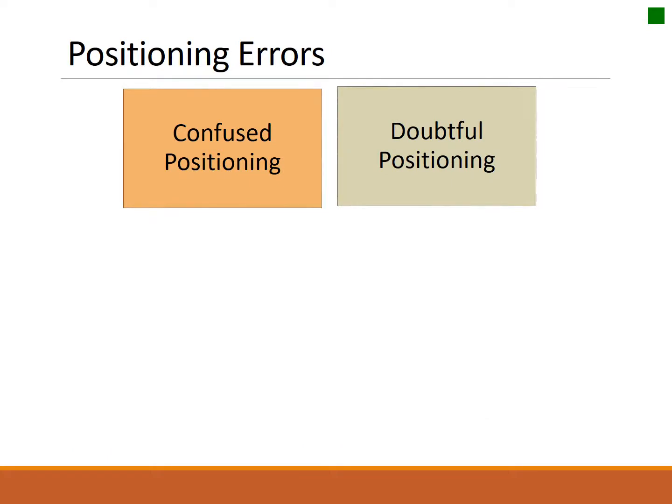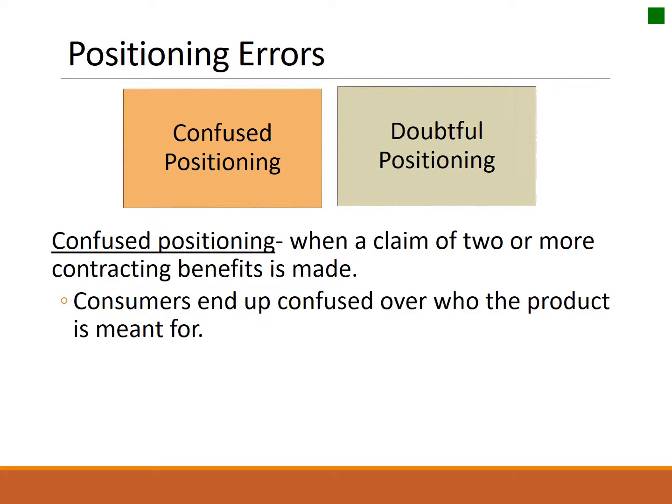Two more cases here: confused and doubtful positioning. Confused positioning happens when you try to make more claims than could be substantiated, and it doesn't make sense. For instance, if I have a high quality product but I price it low, that doesn't really make sense.